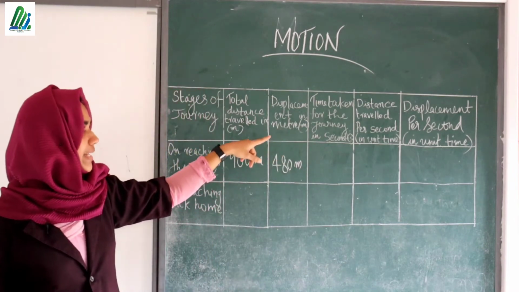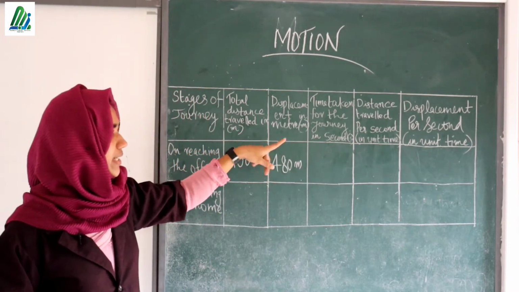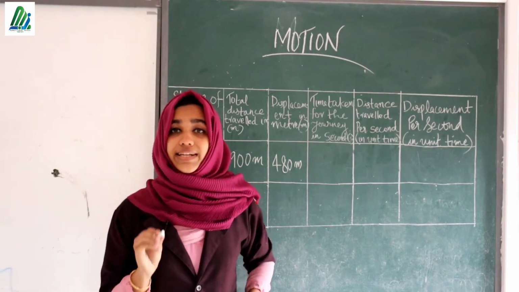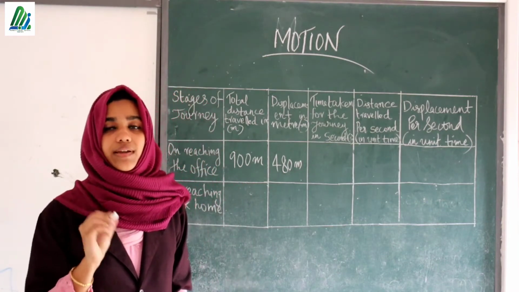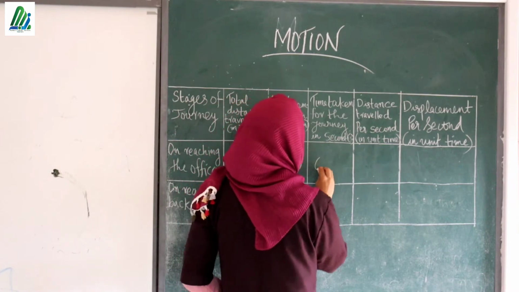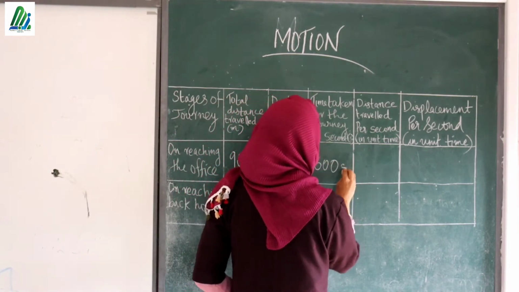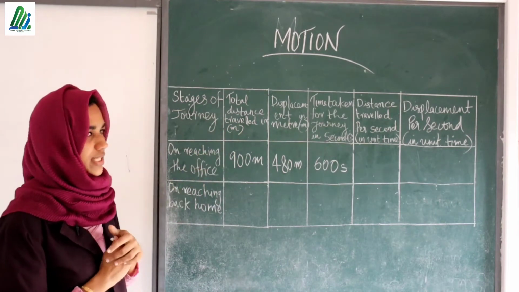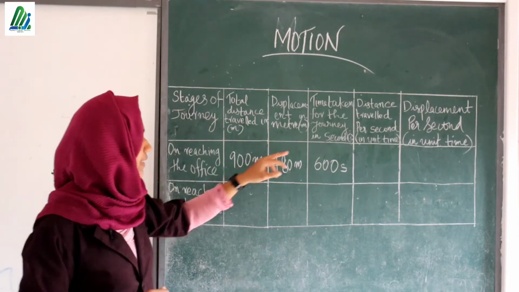Then next one, time taken for the journey in second. Here the time is given, that is 600 seconds. Next one, distance travelled per second, that is in unit time.